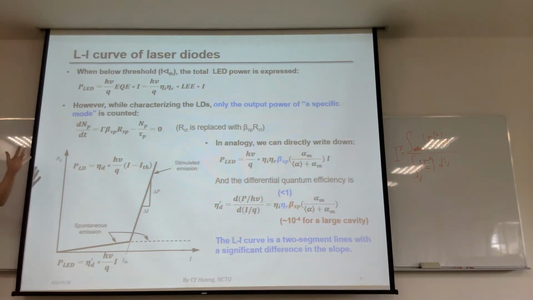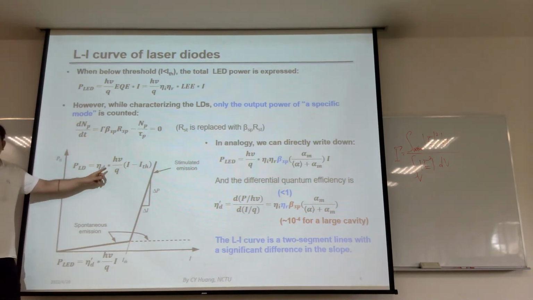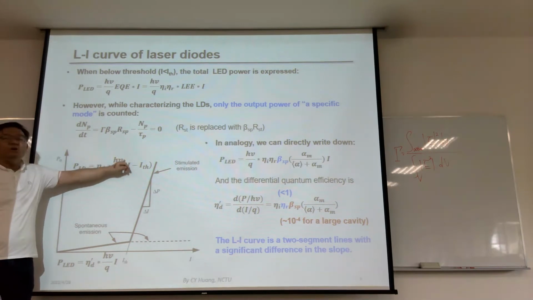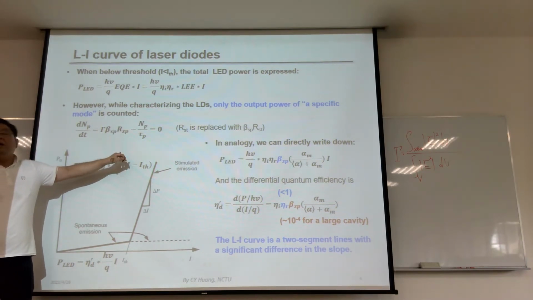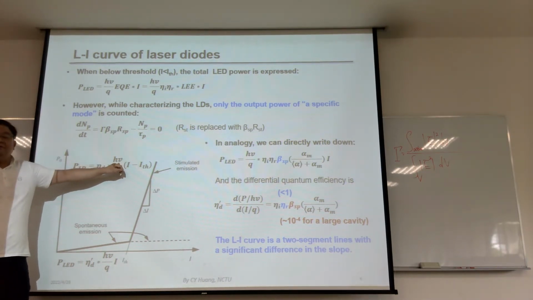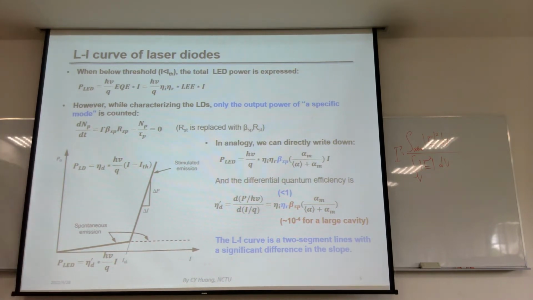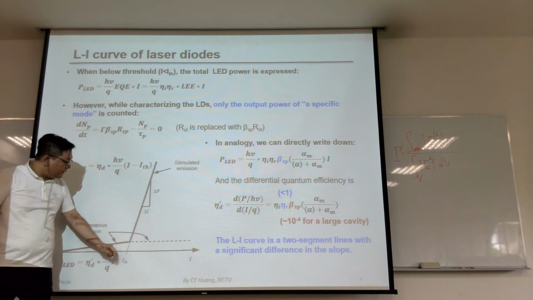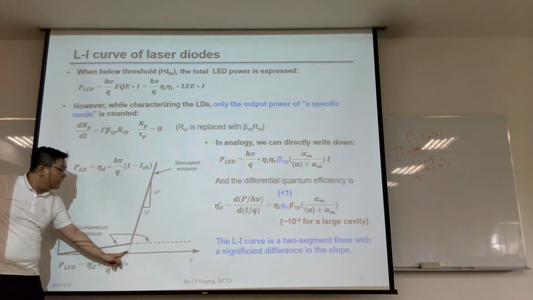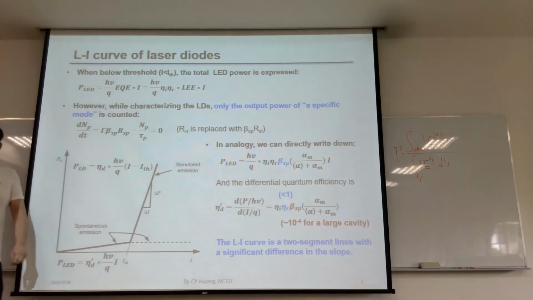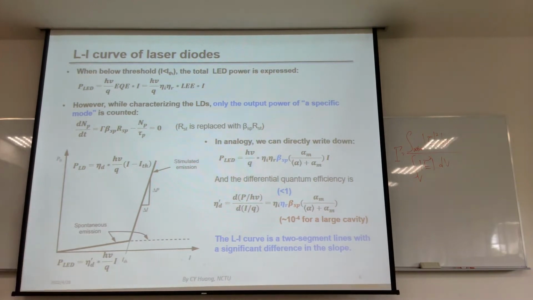So that's the only difference, the unit. So this term will be 1240 divided by lambda. So you know there's a slope starting from ITH and increasing this way.